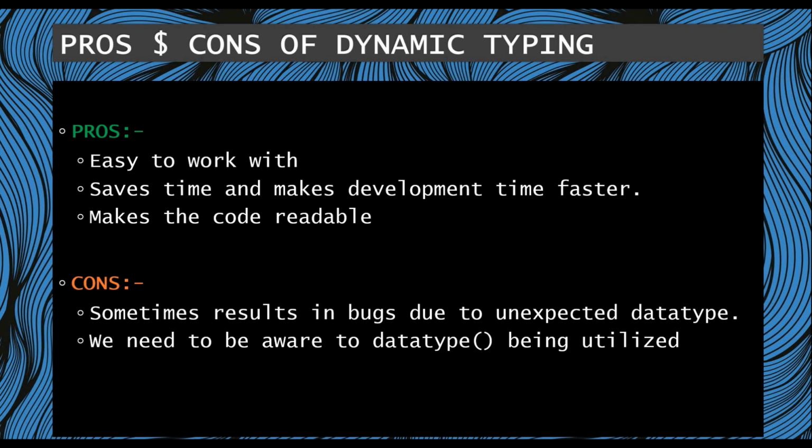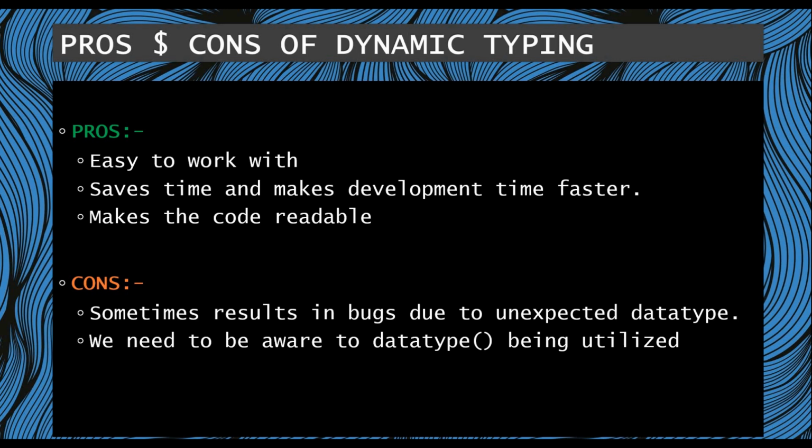This in turn saves us a lot of time and makes it comparatively easy and faster to write the code. It also makes the code very readable, as we are just reading the variable names and not reading out the data type when we are reading a program. So the pros include that it's easy to work with, saves time, makes development faster, and makes the code readable.